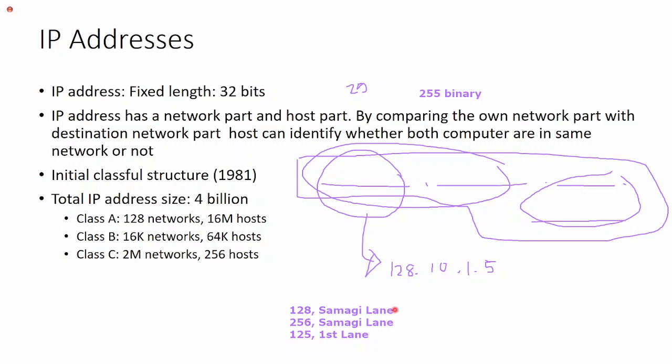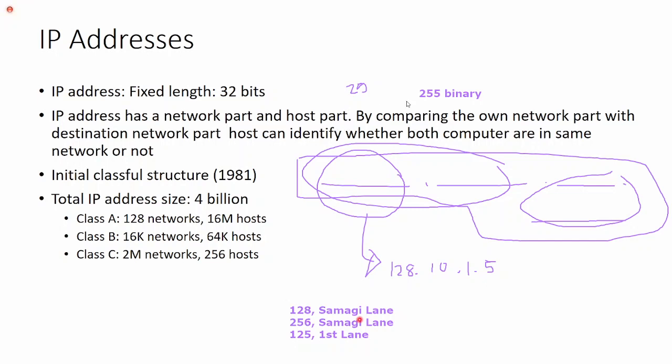But two different numbers, right? But if you see the second address and the third address, you can understand what? They are in two different lanes, two different roads, right? So if you have this structure, house number and street address, from that you can understand whether they are in the same one or a different one, right?